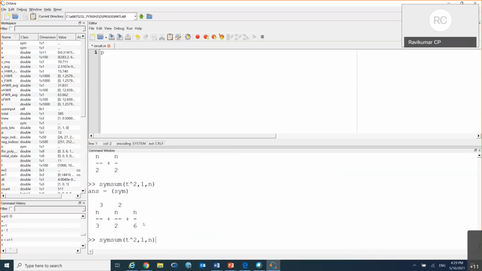You can also try t cube. It will try its best to figure it out, and t power 4. This you may not have come across in your math books, but it is possible to add it.